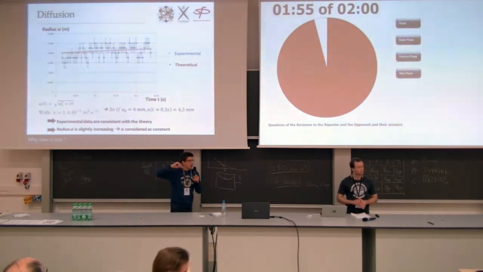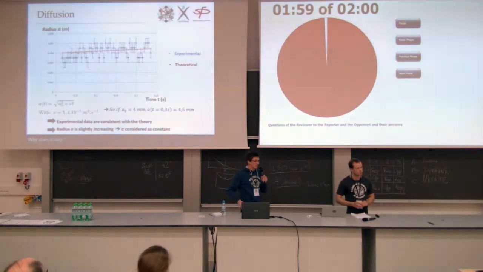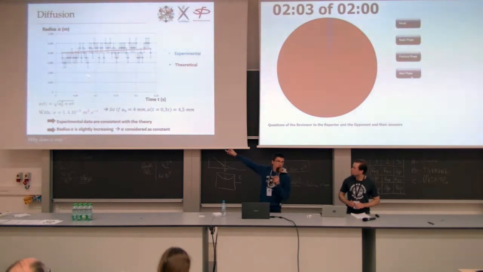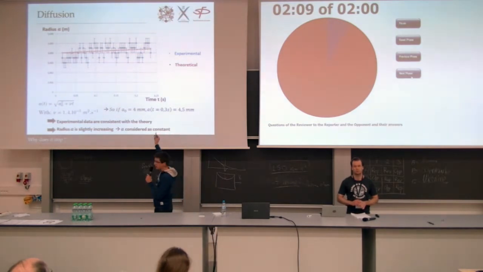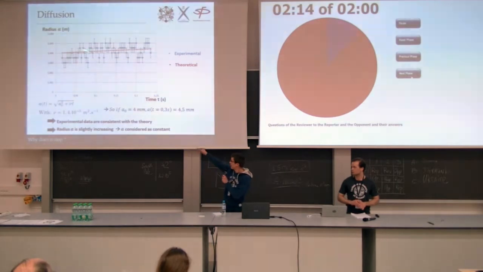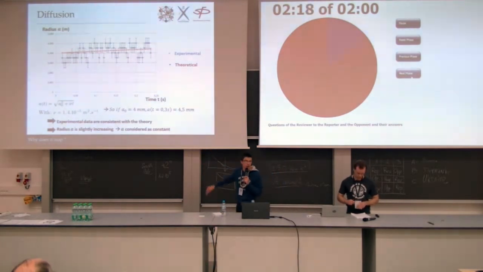A quarter of a second, but I'm interested in the changes of this magnitude during the whole motion of the ring. You have the changes of magnitude as a function of time. So the ring is moving a quarter of a second, 25 meters. It is increasing, but you have a small time scale compared with the range. So the increase is slight, and we can consider it as constant.